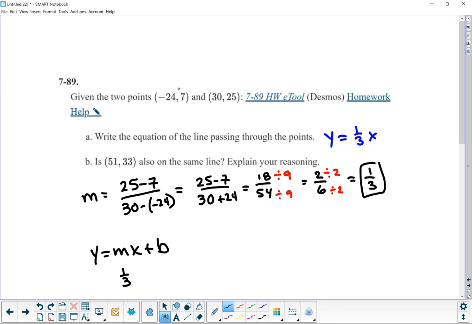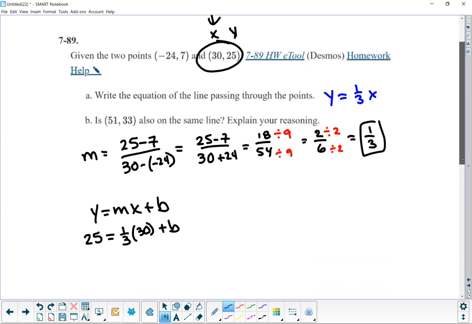The y, you can use either one of these points. I'm going to use this point. And this is the y, and this is the x. So the y is 25. So I'm going to put 25 equals 1/3. And then the x is going to be 30, because that's what x says. And then plus b. And now we're looking just for b.